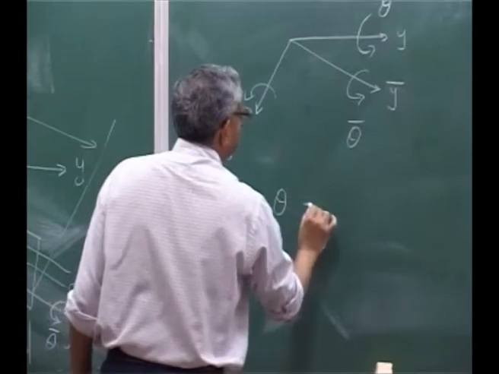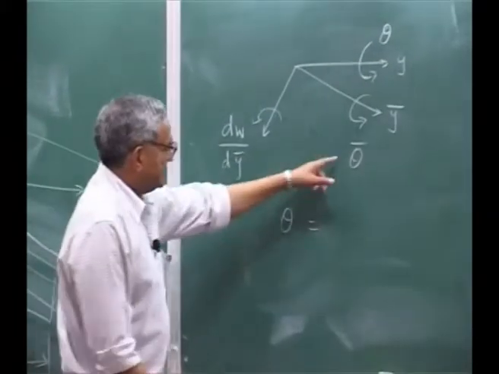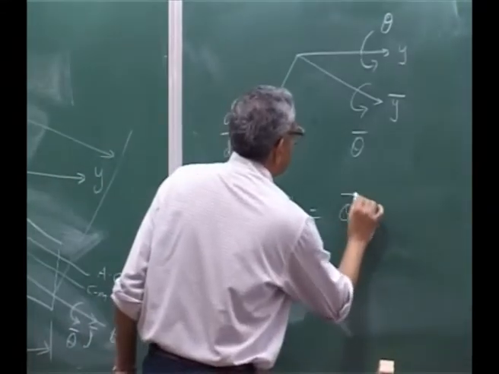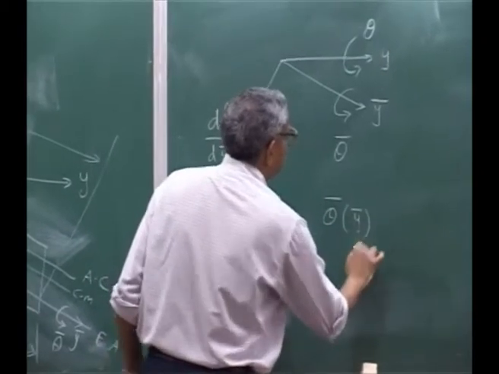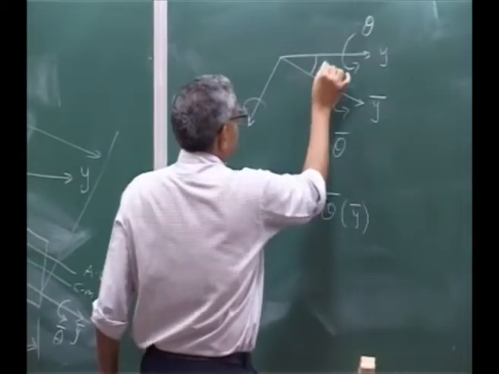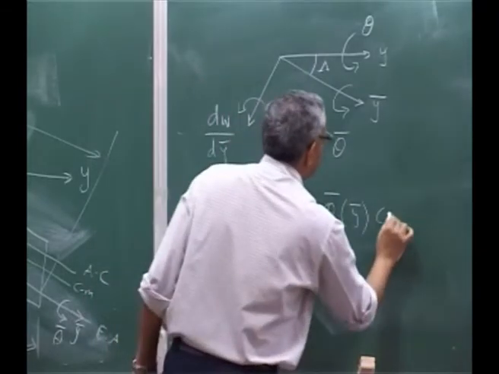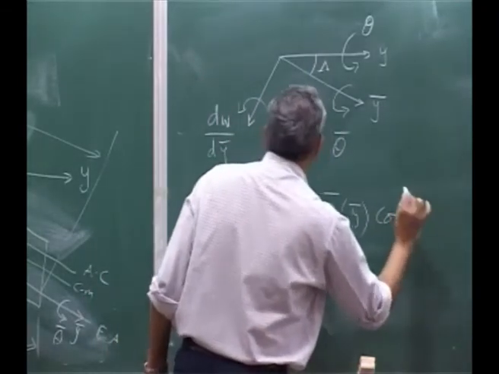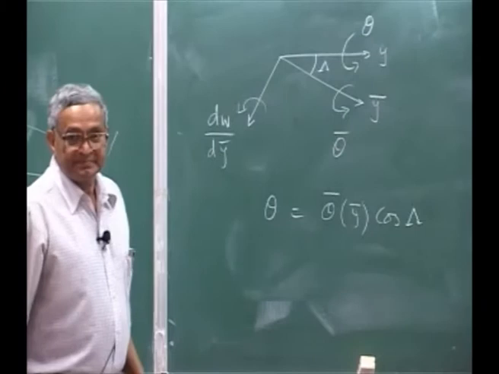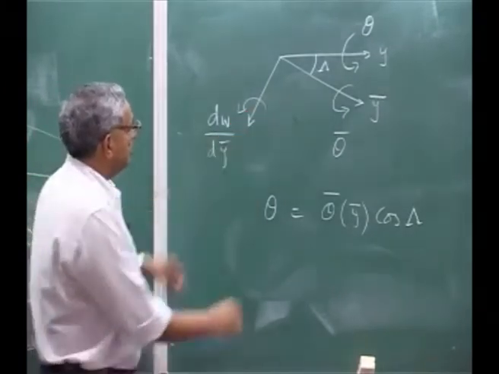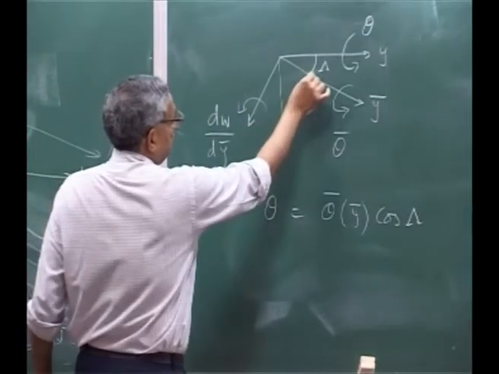So theta will be theta bar, which is a function of y bar, into this angle is lambda, cosine lambda. This will go because this is lambda.